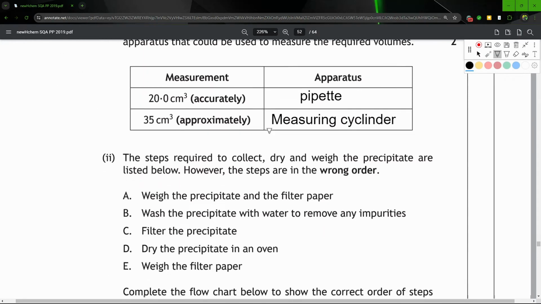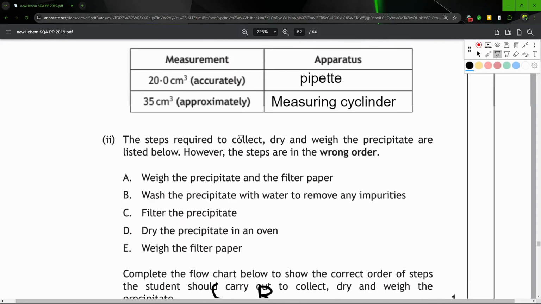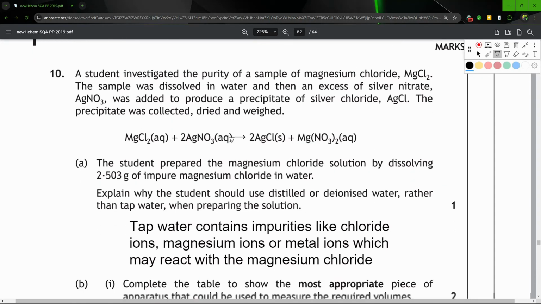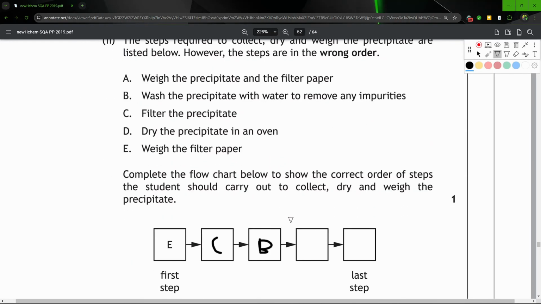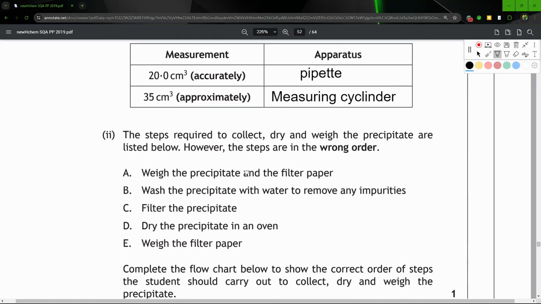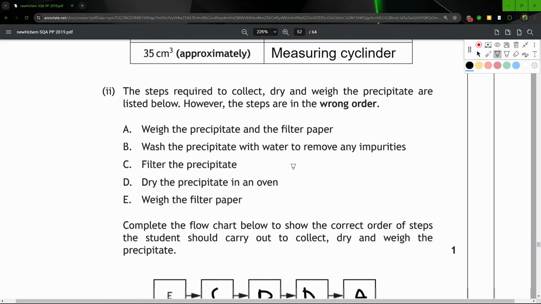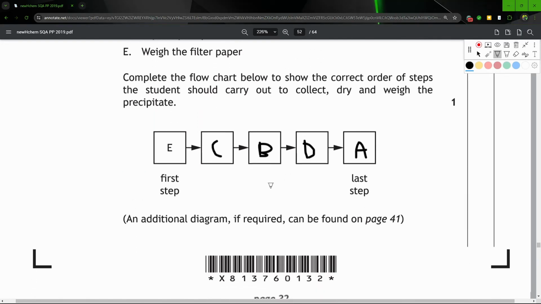And then, well, it says collected, dried, and weighed, so we probably need to put it in the oven first to dry the precipitate. This gets rid of all the water that we've just put in, and then finally we can weigh the precipitate in the filter paper. The precipitate will be on the filter paper because it's solid. You can't put a solid through filter paper, and that means we'll be able to figure out how much precipitate is in there. So there we are.